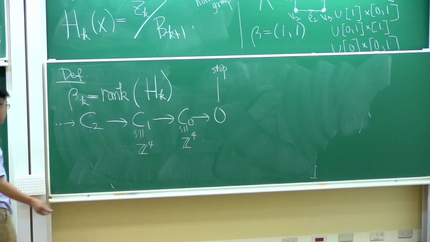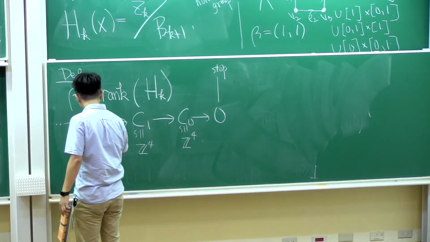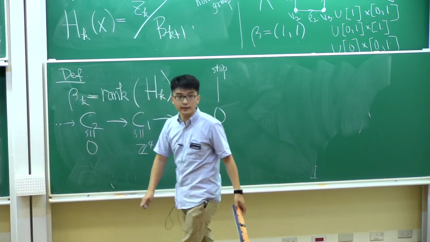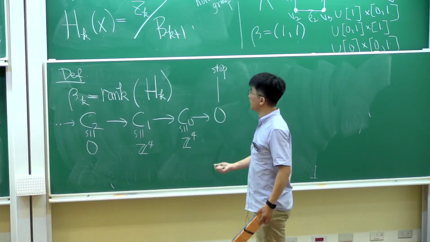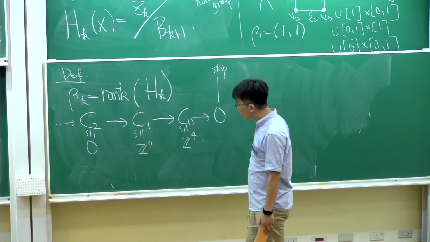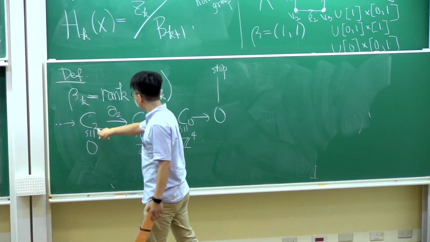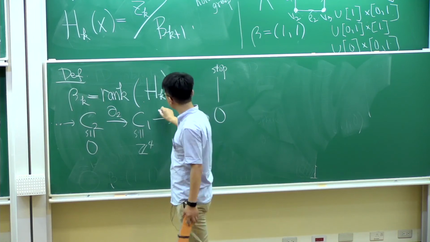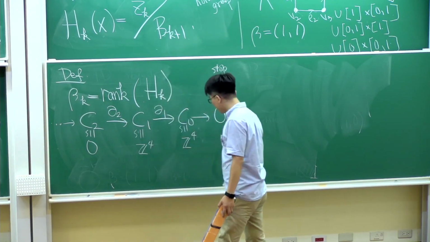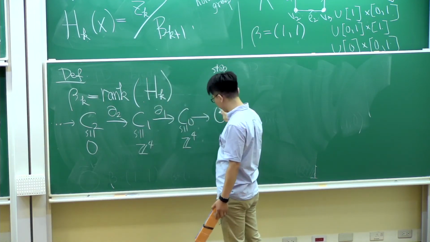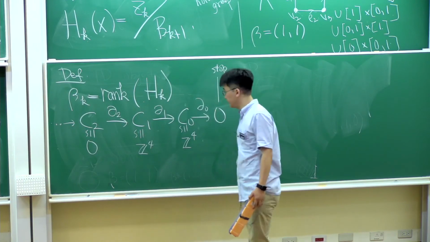So this is isomorphic to the trivial group. And we have the relations between the chain groups: between C2 and C1, between C1 and C0, and between C0 and 0.